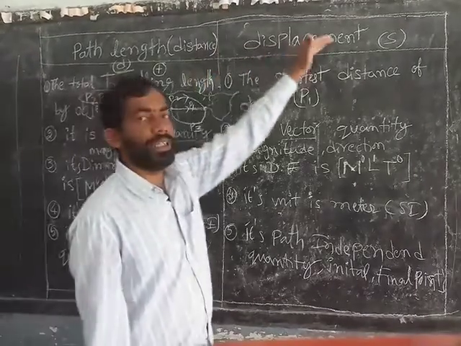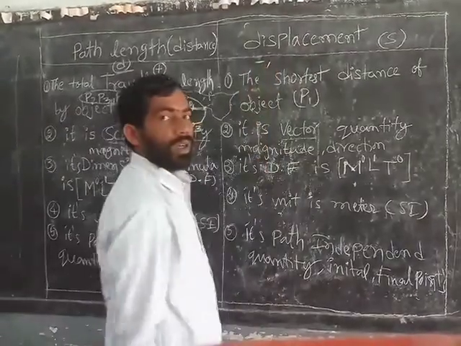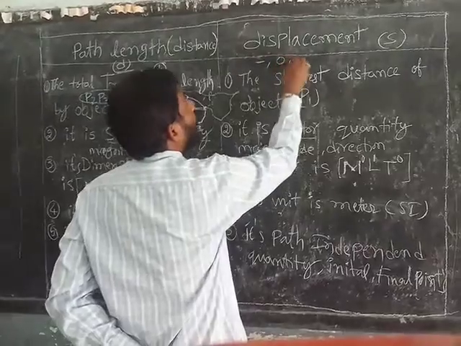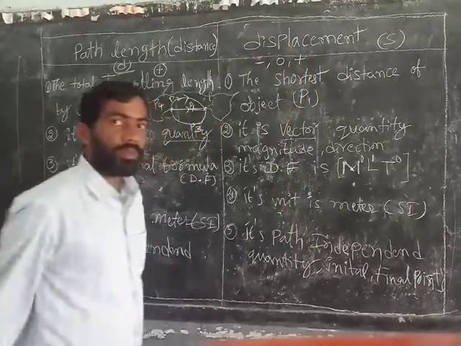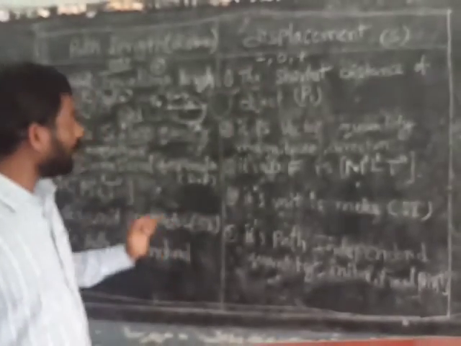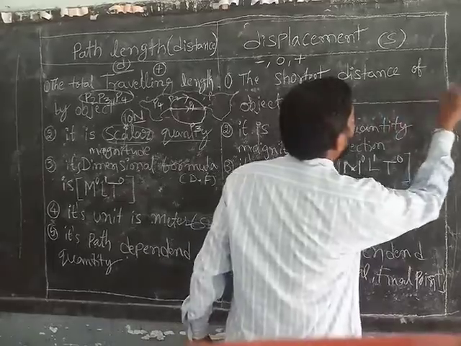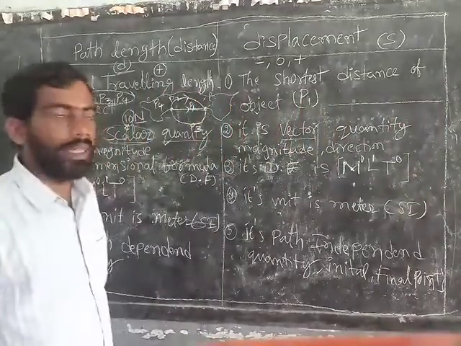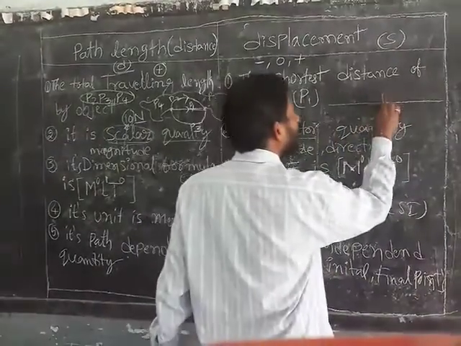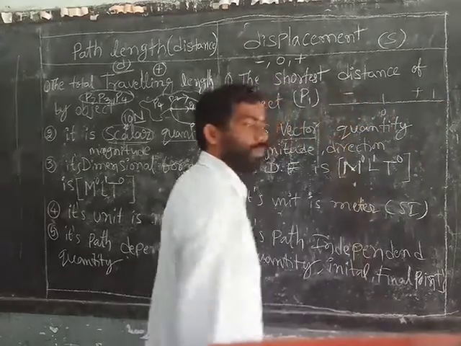Then the displacement, its value may be negative, 0 or positive. Whenever it gives negative values, see, suppose you already know the number axis. In this number axis, the middle one is taken as 0, this side is positive and this side is negative.